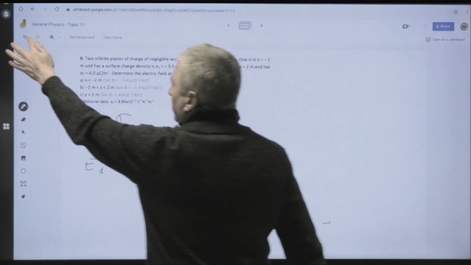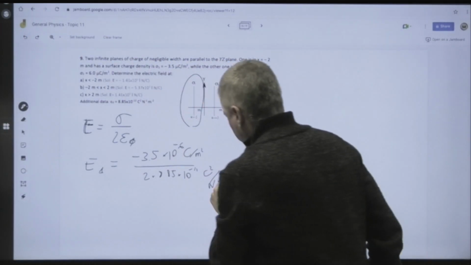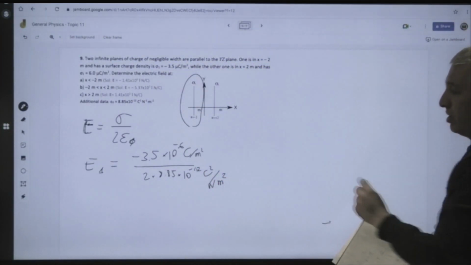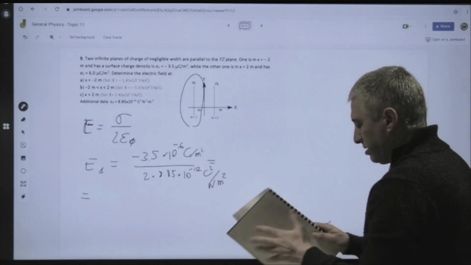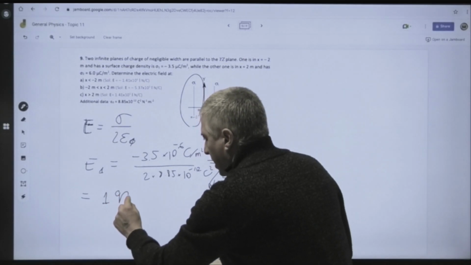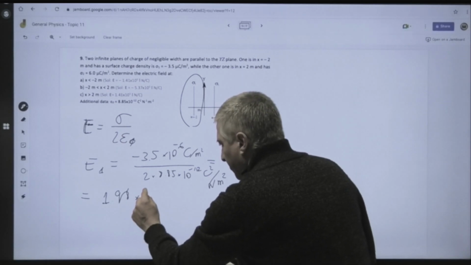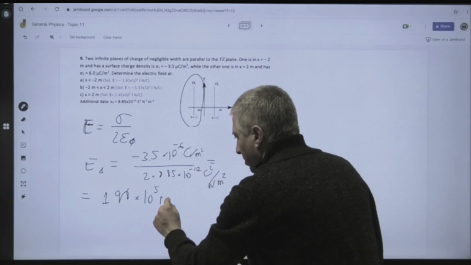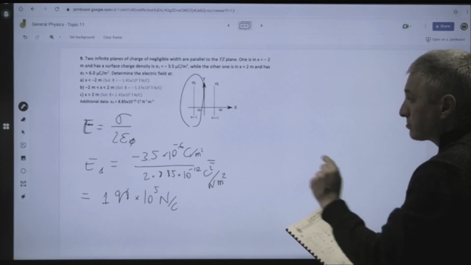Okay, now if we compute this, it will be equal to 1.98 times 10 to the 5 newtons per coulomb. Okay, that's the electric field produced by 1.